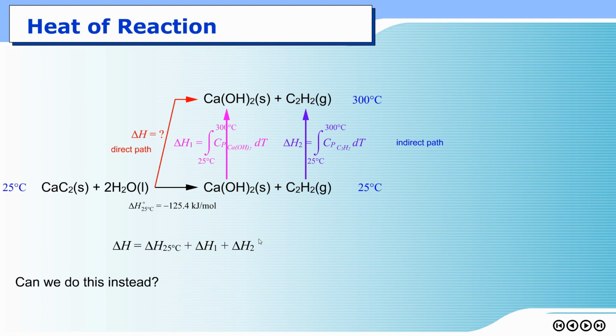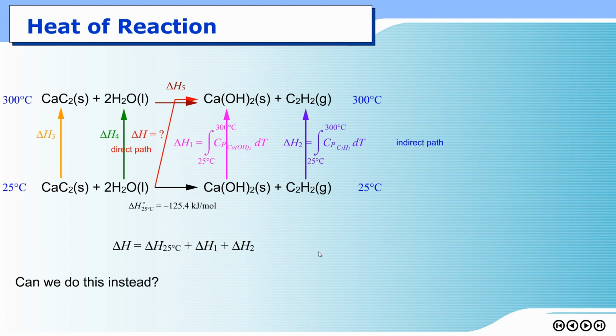Now, some of you might wonder, can we do this instead? Instead of going from the reactant toward the product at low temperature and then raising the temperature of the product, can I raise the temperature of the reactant to 300 degrees Celsius first and then convert from reactant to product at high temperature?